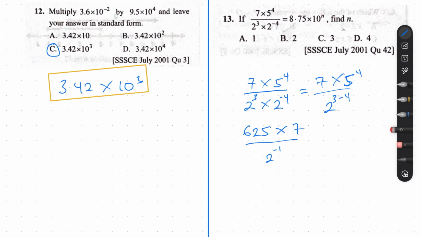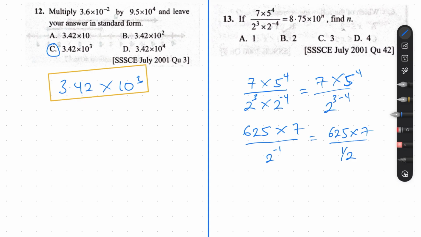Okay, so we have 625 by 7 by 2, right? Let me clean it so you can see it clearly. This will be 625 by 7 divided by half, right?